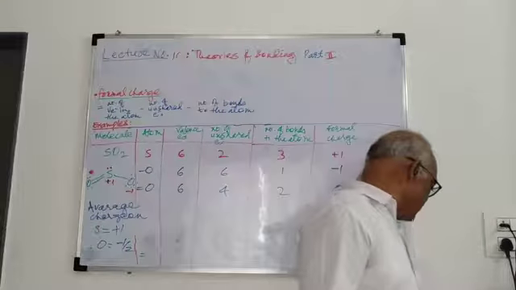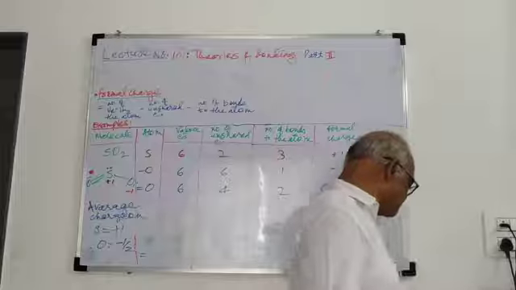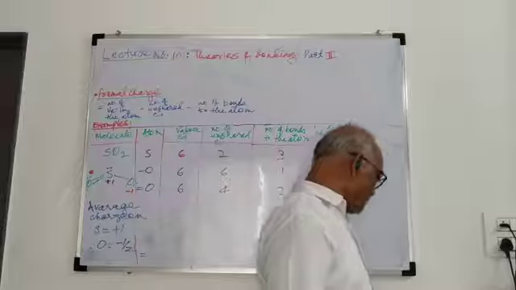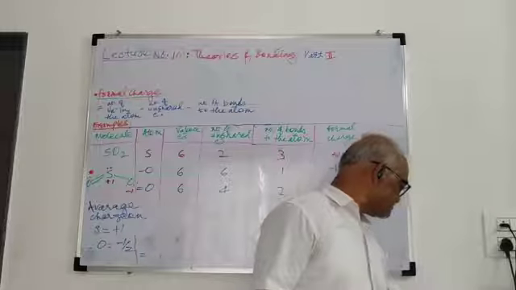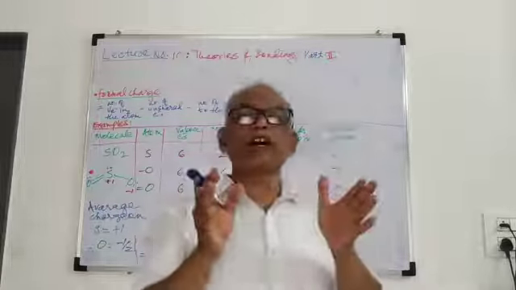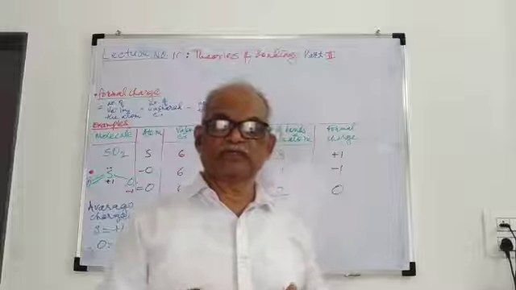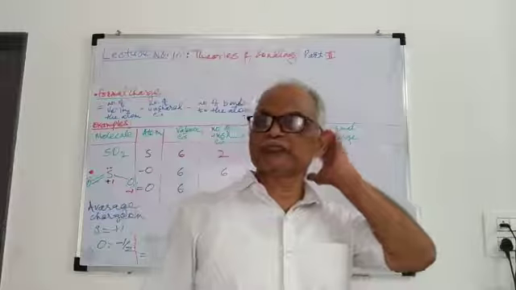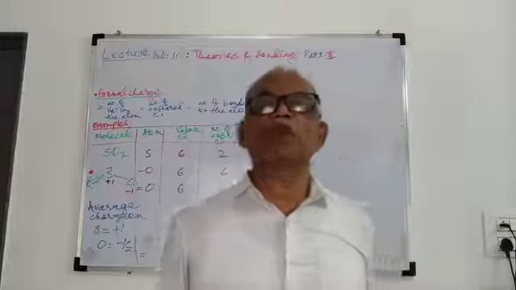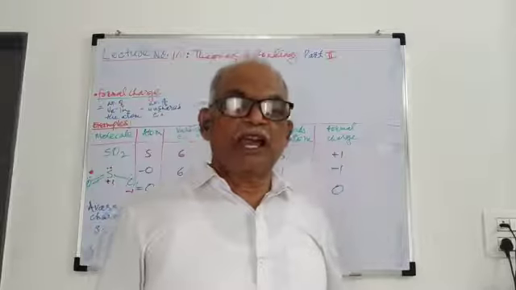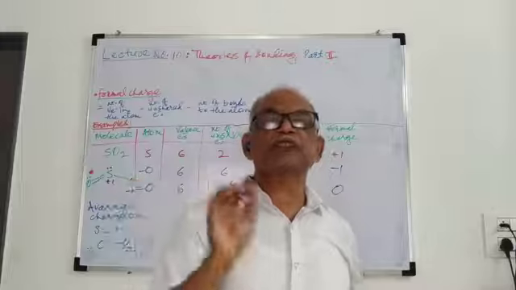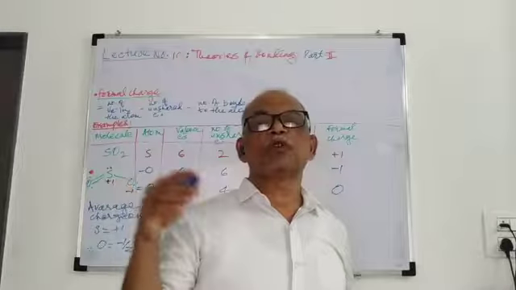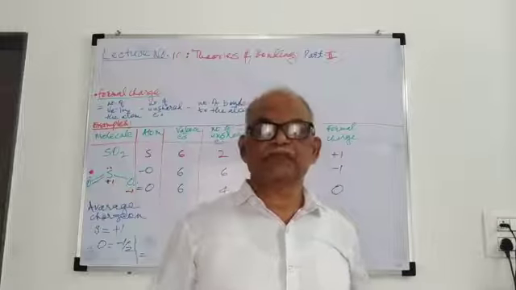With the help of this we can say that the species having lower formal charge are more stable, and the negative charge is to be shown on the more electronegative atom.